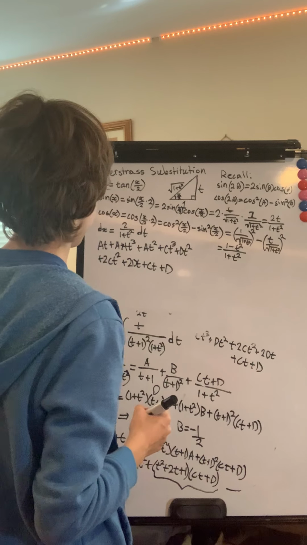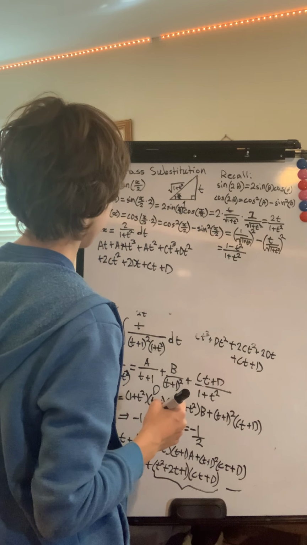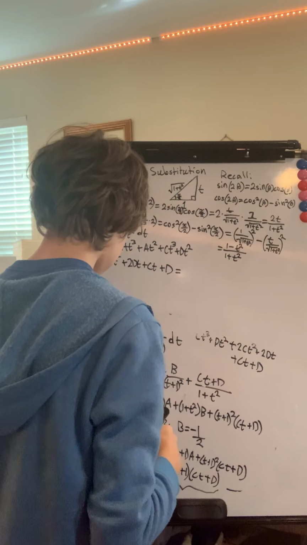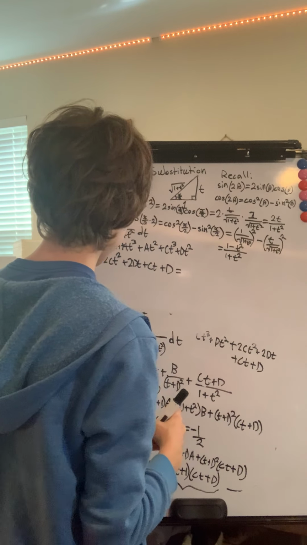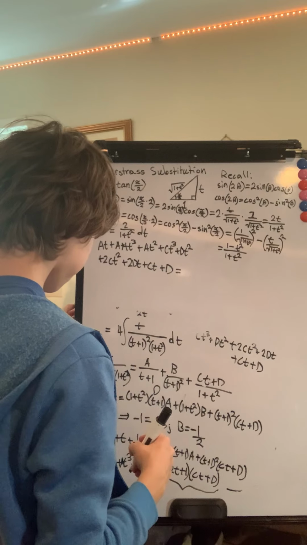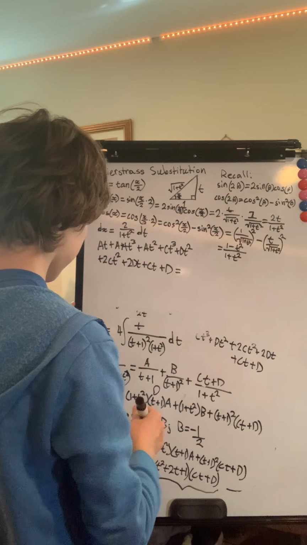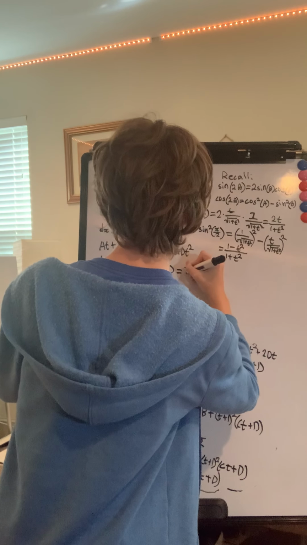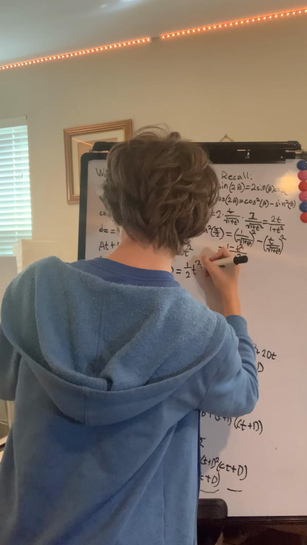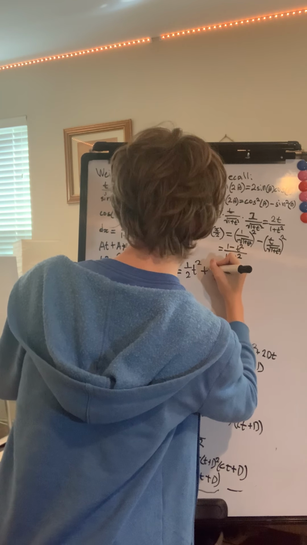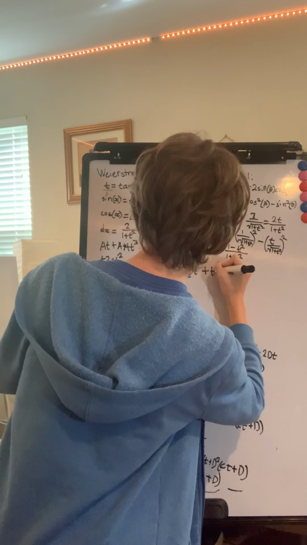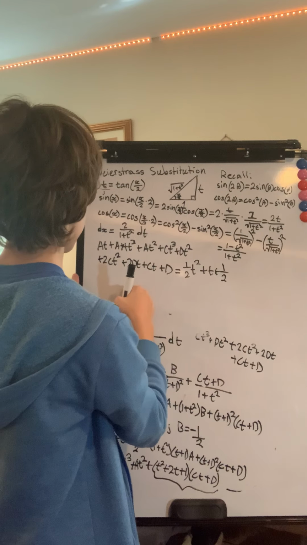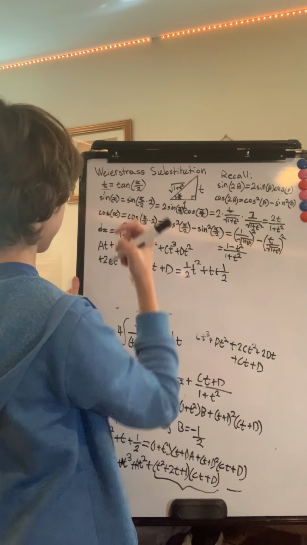Okay, and of course we need to still combine like terms. So this must obviously be 1/2 t squared plus t plus 1/2. So yeah, let's combine like terms.